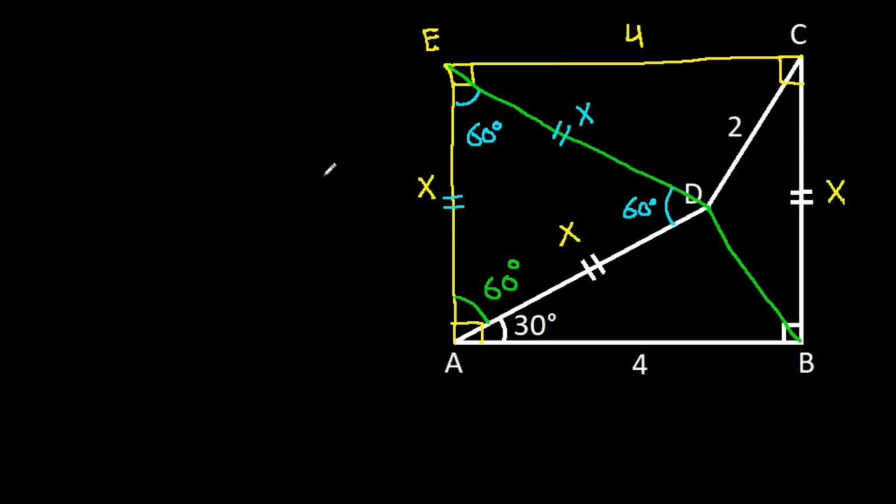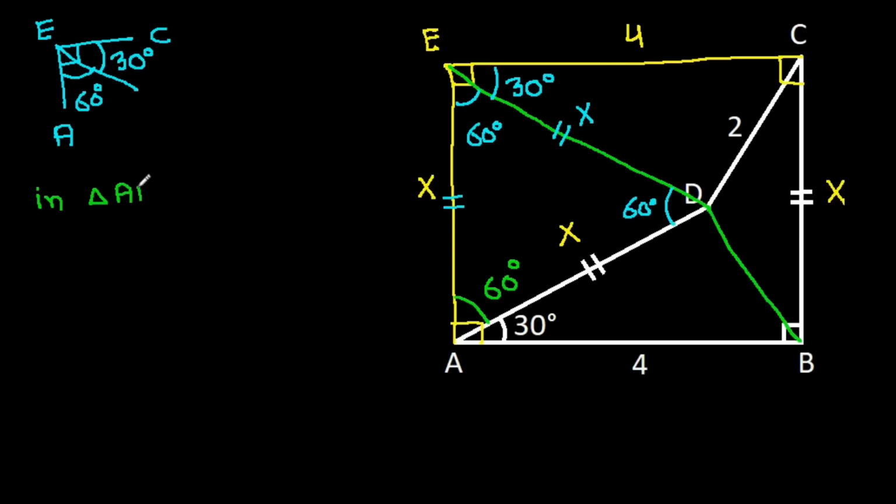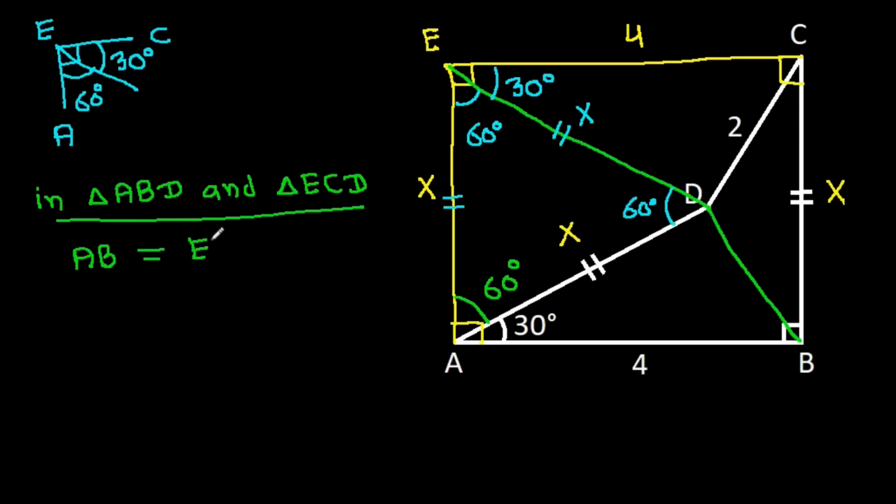Now we have angle AEC is 90 degrees and this angle is 60 degrees. So this angle will be 30 degrees. This angle will be 30 degrees. And now in triangle ABD and triangle ECD, we have AB equal to EC, that is 4.